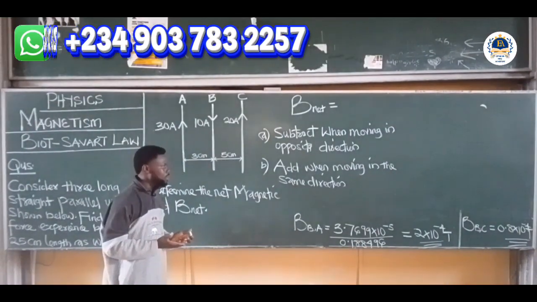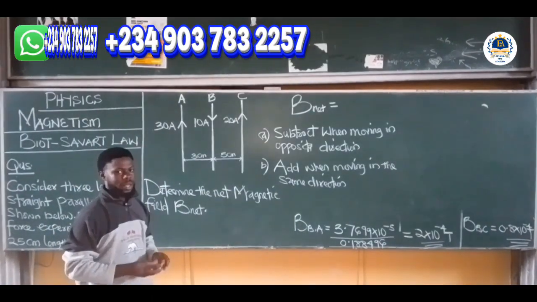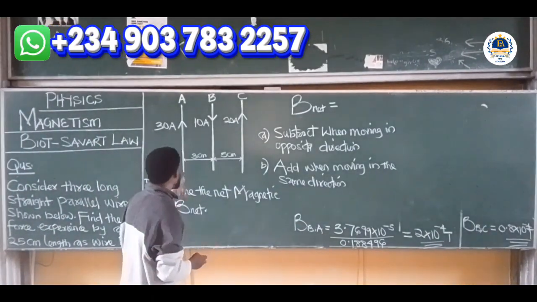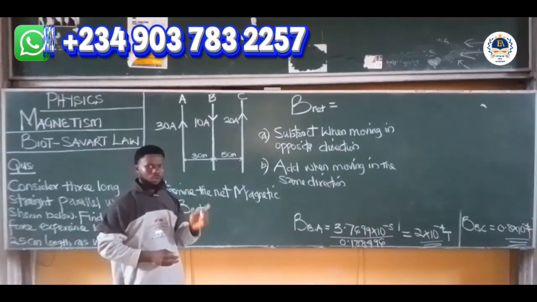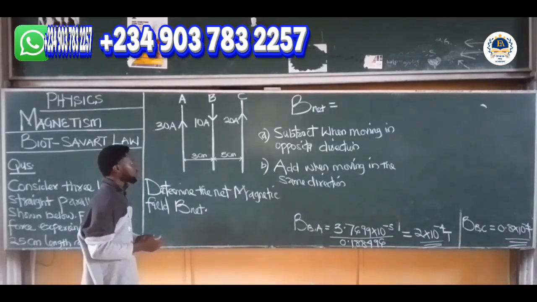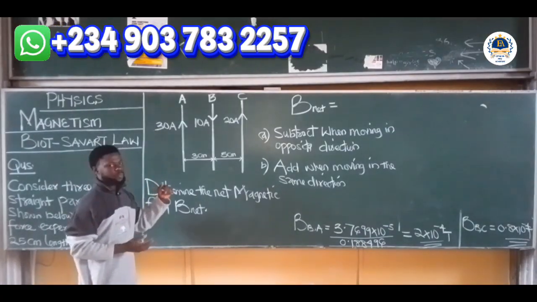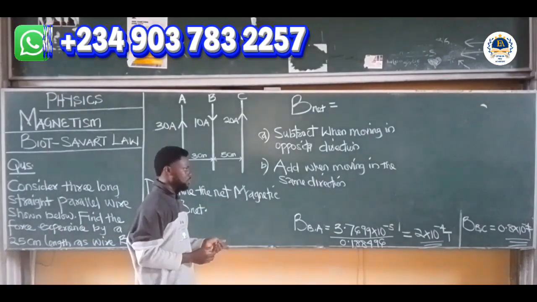Now how do we know when they are moving in the same direction or opposite direction? Let us say that all the current pointing upward should move in a clockwise direction, whereas all the current pointing down should move in anti-clockwise direction.